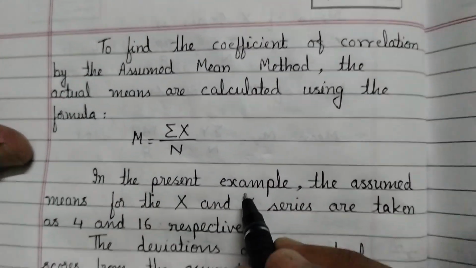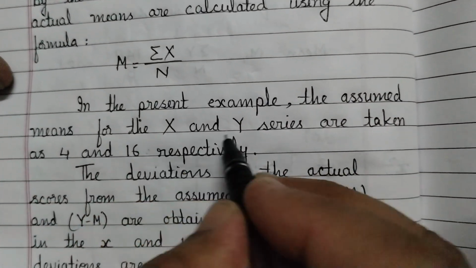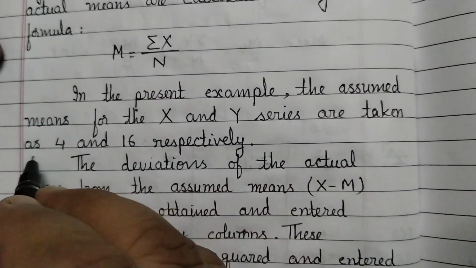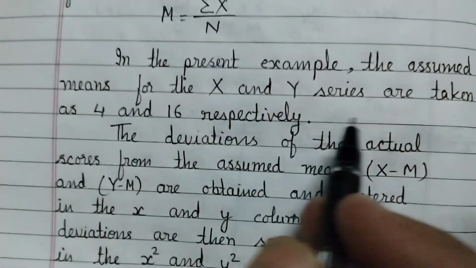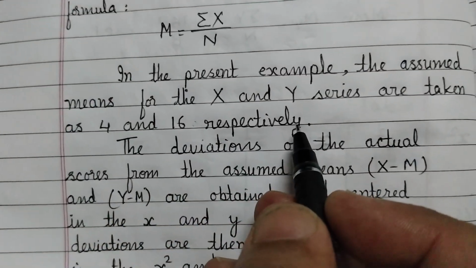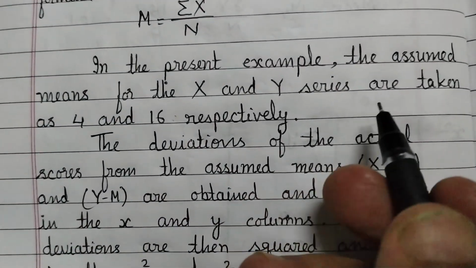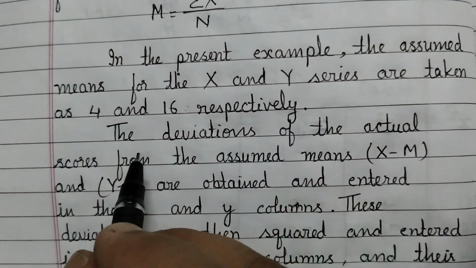In the present example, the assumed means for the x and y series are taken as 4 and 16 respectively. Right now I will take the example, and in that example I will show you how these assumed means 4 and 16 are selected.